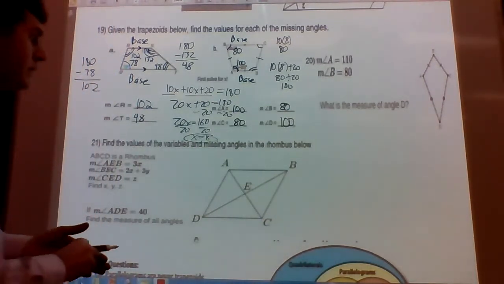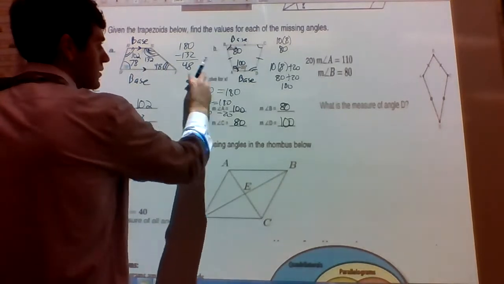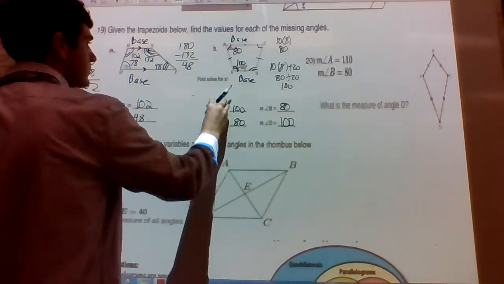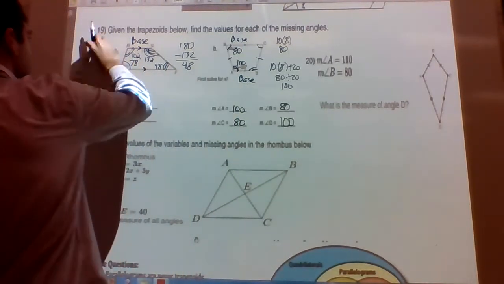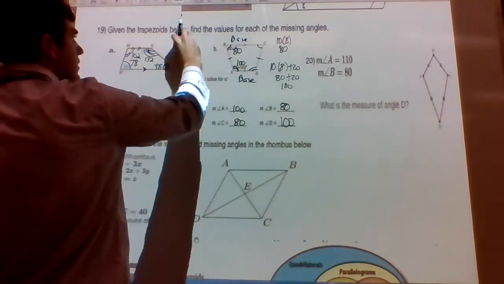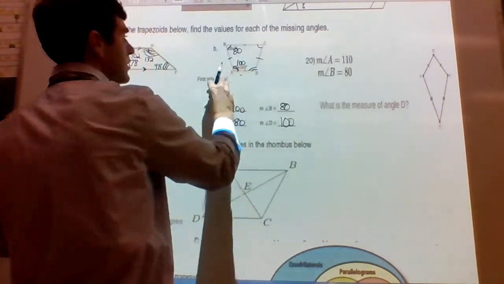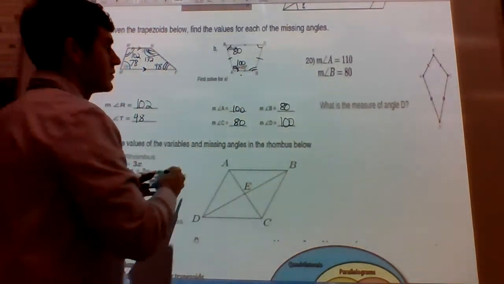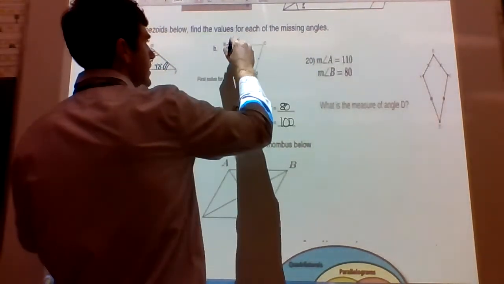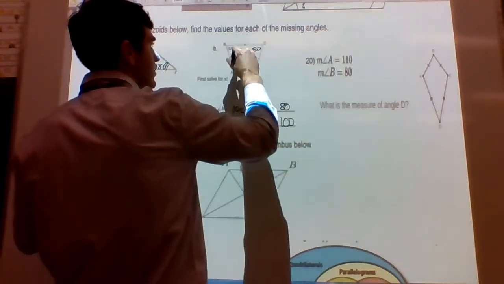The key difference here, let me erase all this. The key difference here is that this is 80, 80, 100, and 100.